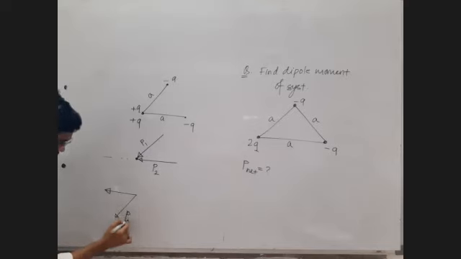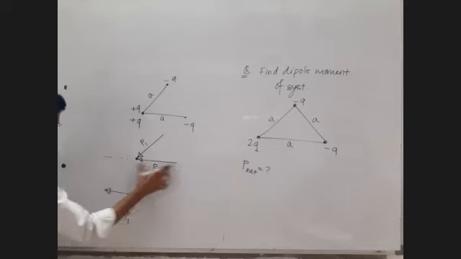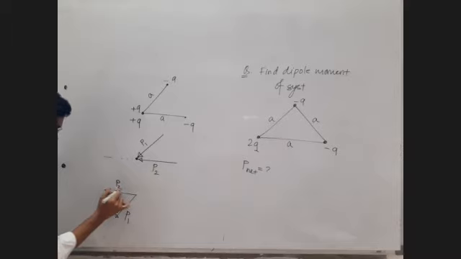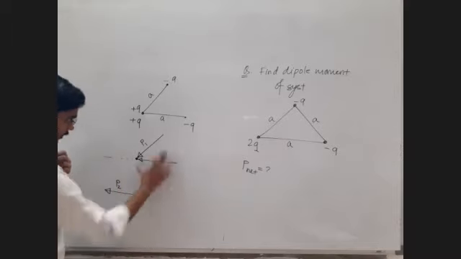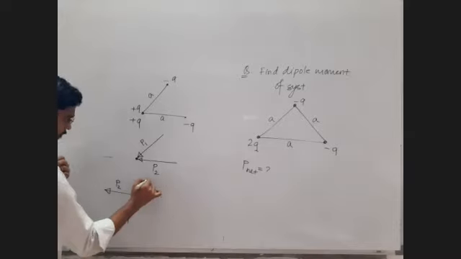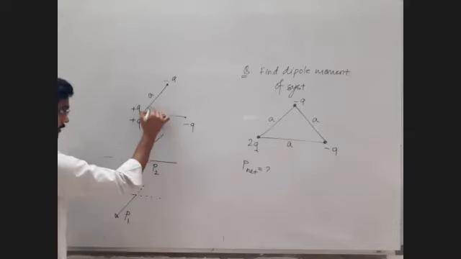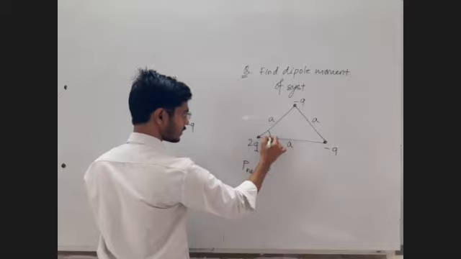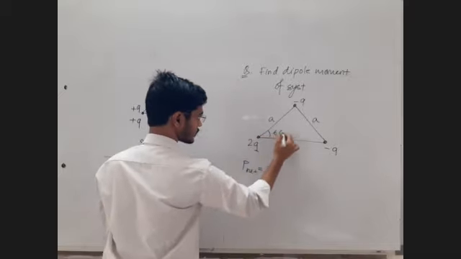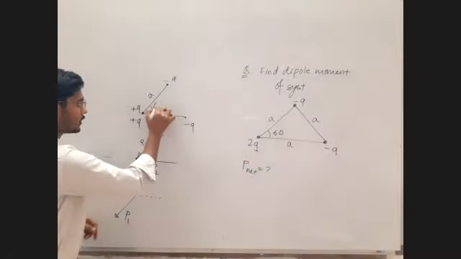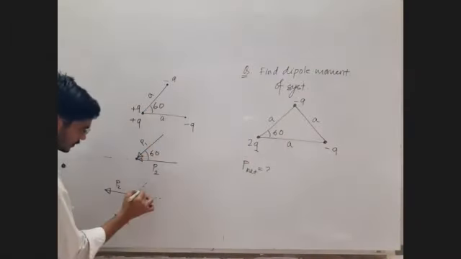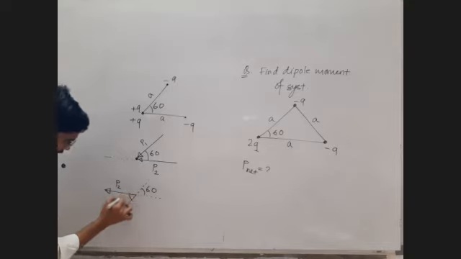So this will be P1, this will be P2. You can continue these as dotted lines. What is this angle? Sir, this is an equilateral triangle, so it's a 60-degree angle. The same angle carries over here.